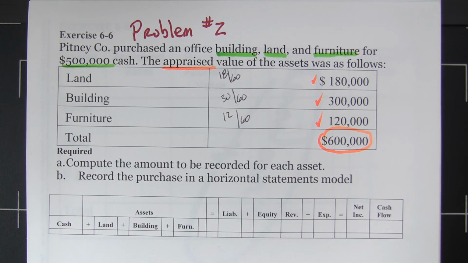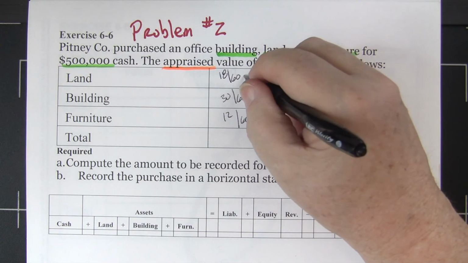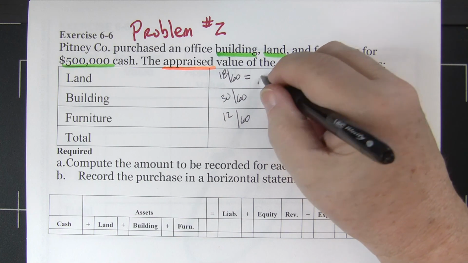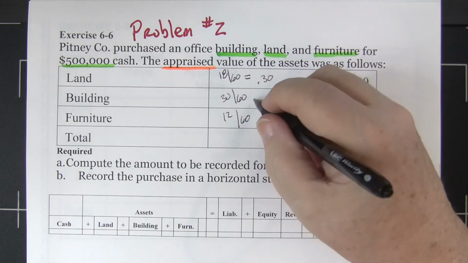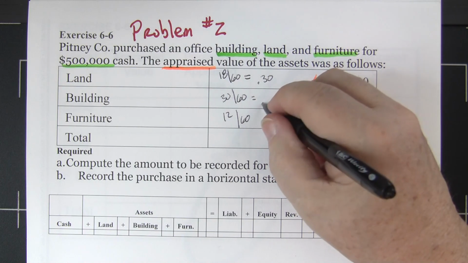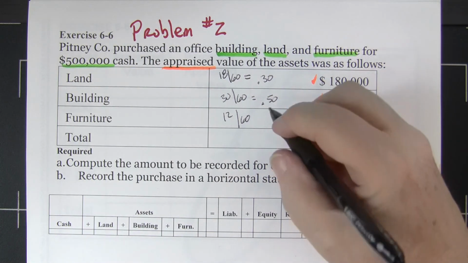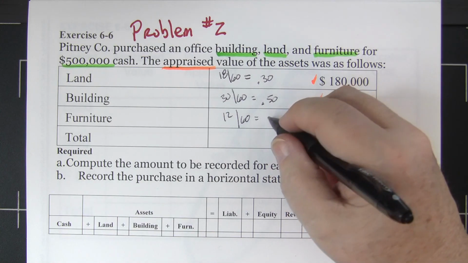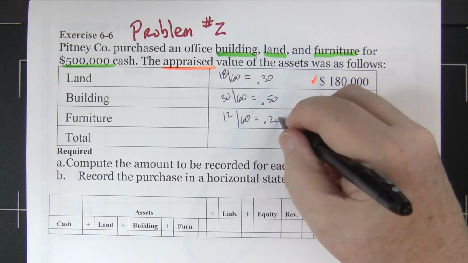I just killed off the 4 zeros at the end of every number. When I reduce that fraction, 60 into 18 is 0.3. 60 into 30 is 0.5. And 60 into 12 is 0.2.